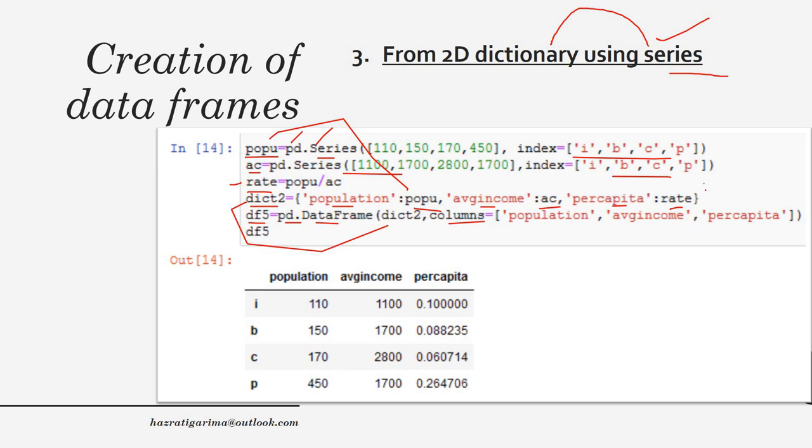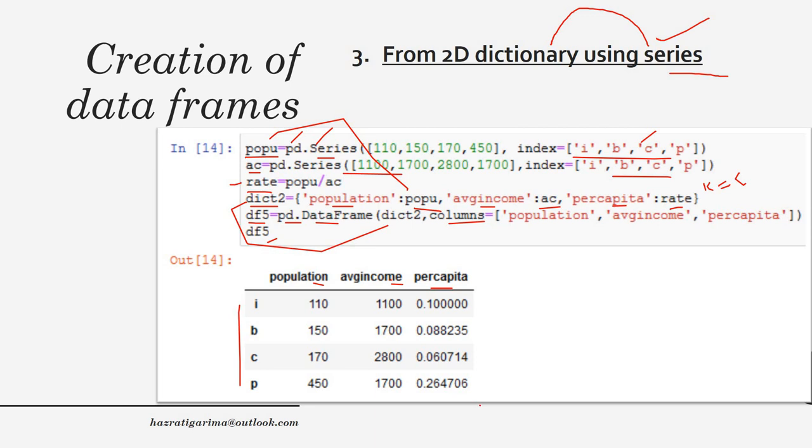I'm telling you that keys should be equal to column names in your data frame object. Now after printing the output, I'm getting output like this: I, B, C, P, which was the index given in the series objects earlier. After that, population, average income, per capita, which were the column names and the key values given in the dictionary and the data frame object.